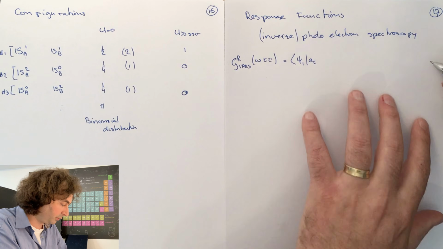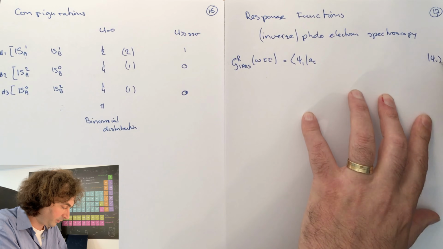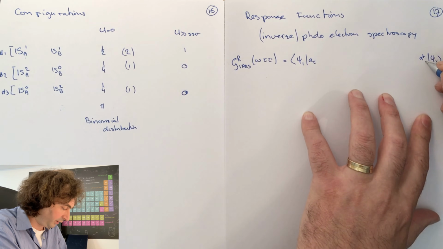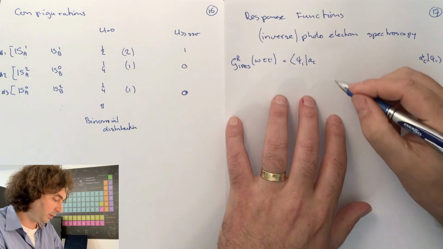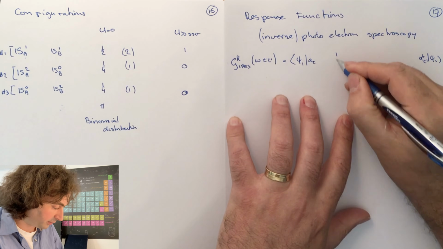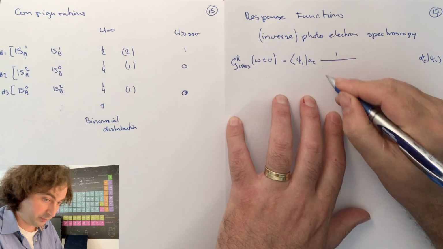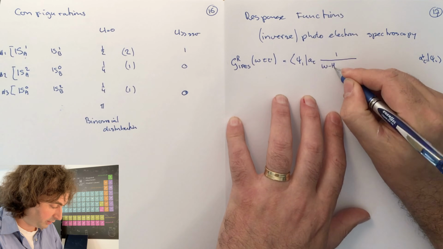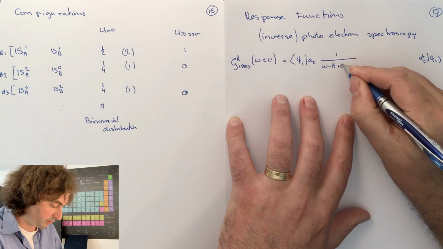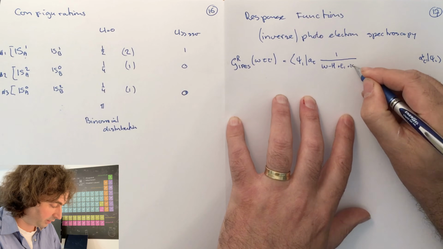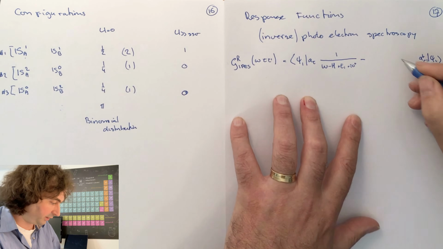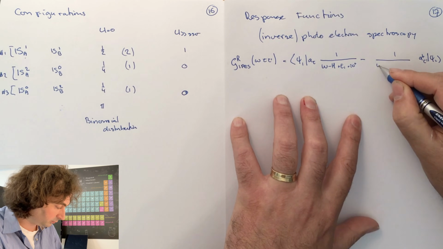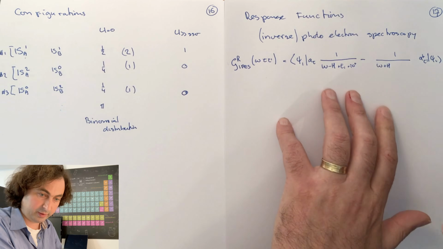So the inverse photoemission creates an electron in orbital tau prime, and then we have our propagators, and we have two of them, omega minus the Hamiltonian plus the ground state energy plus I0 plus, and then a minus sign, and a pulse at negative energy.